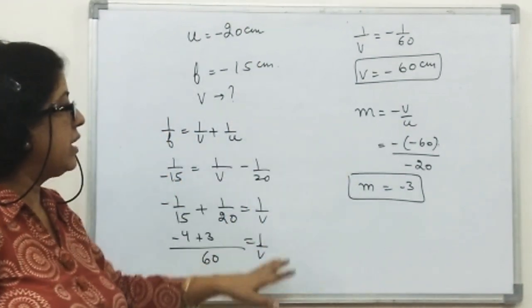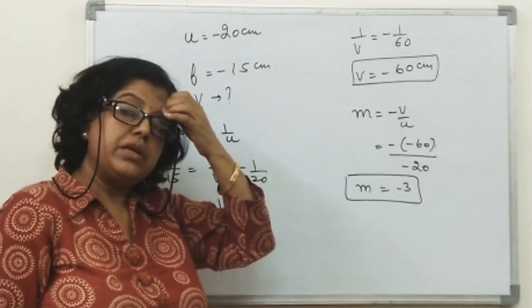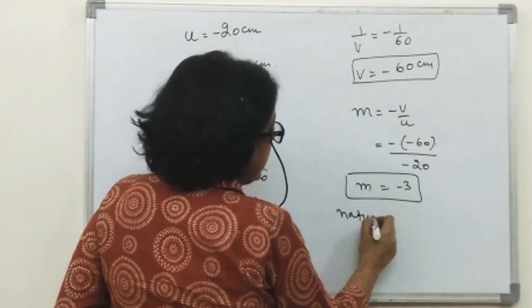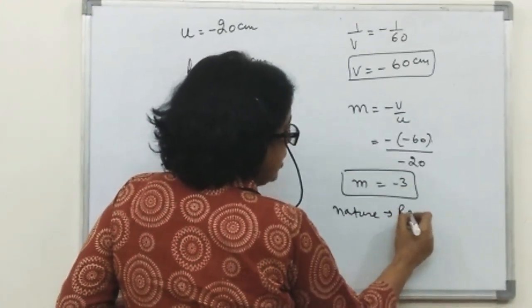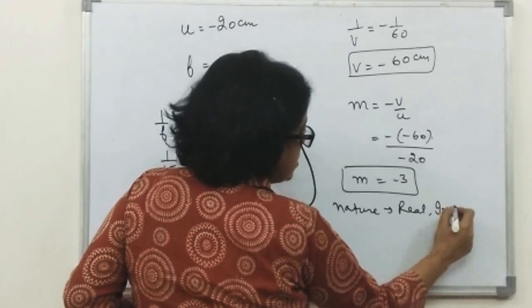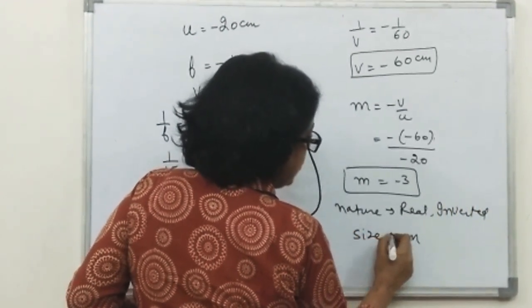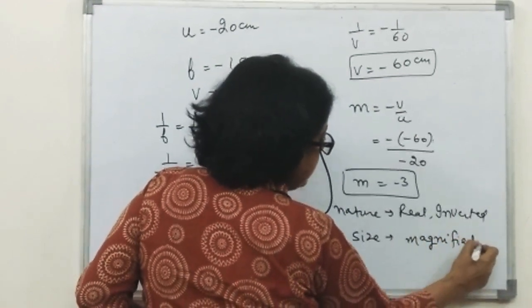So with the help of the answer, we have also verified that we are getting the right nature of the image. Just by looking at the sign of v, we can write down the nature of the image. The image is real, nature is real inverted, and size is magnified. Obviously m is 3, so the size of the image is magnified.